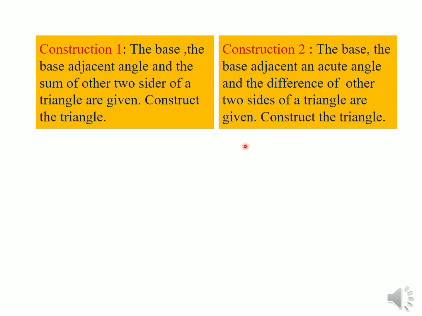That is, in 1, a is the base, S is the sum of the other two sides, and angle X, the base-adjacent angle, are given.